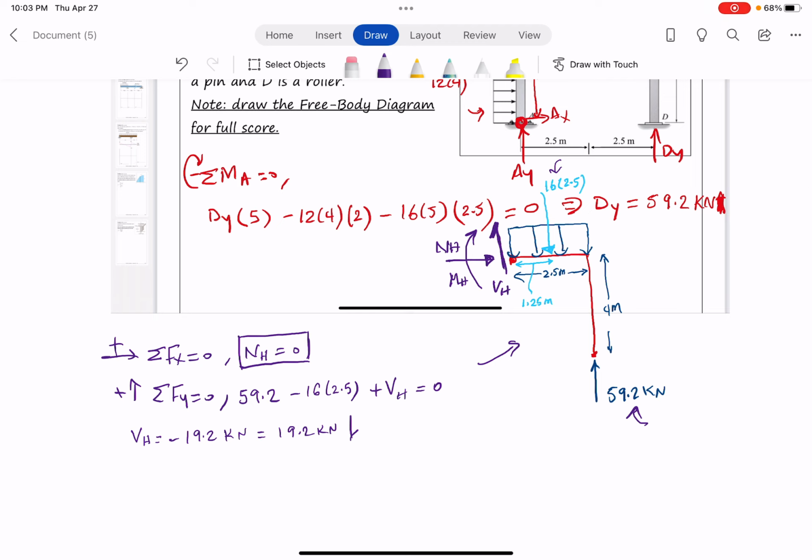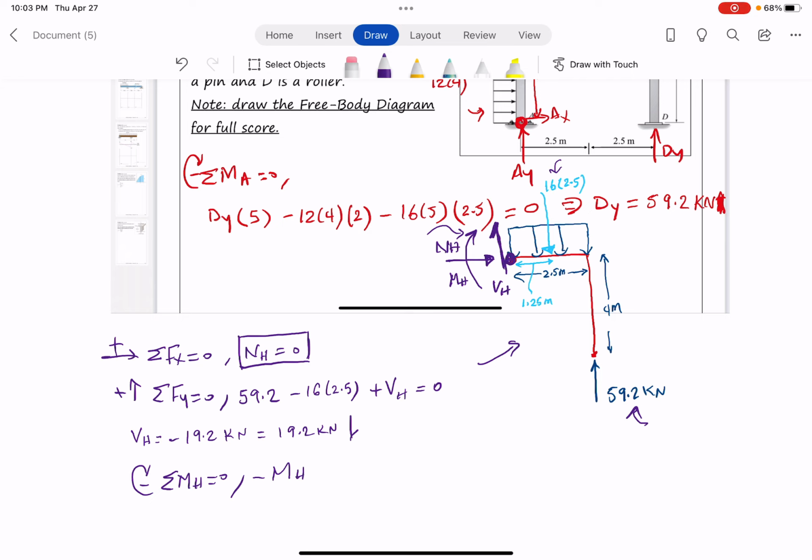Let's find the moment. Summation of moment at H. So we have the moment at H, and I'm assuming that this moment is clockwise, so negative MH. Of course, the normal force and VH are not included at this point because there is no perpendicular distance.